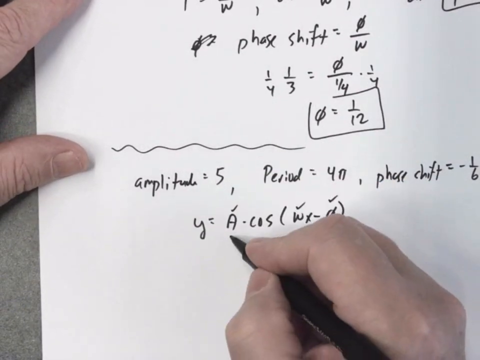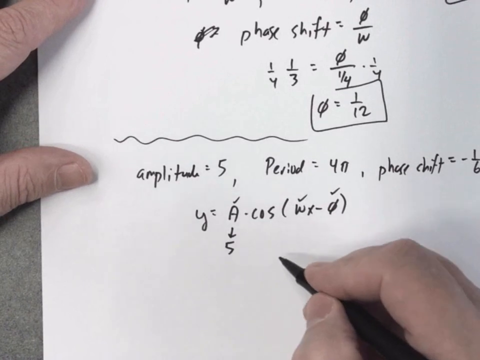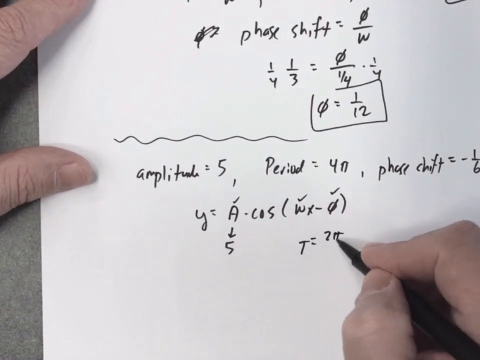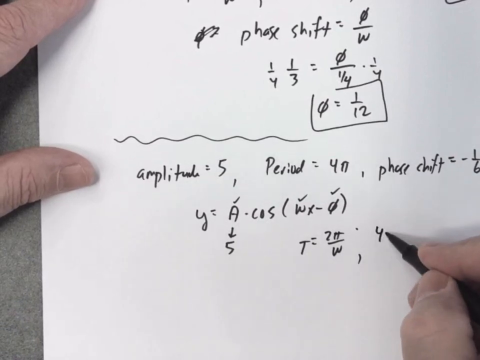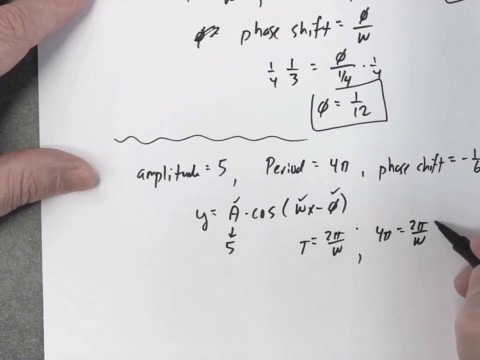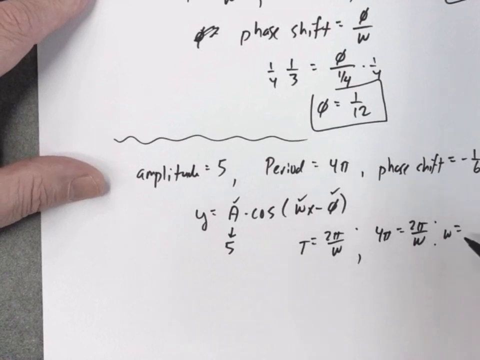A is easy, right? A is just 5. The period equals 2 pi over omega. Since the period is 4 pi, omega would be 2 pi over 4 pi.